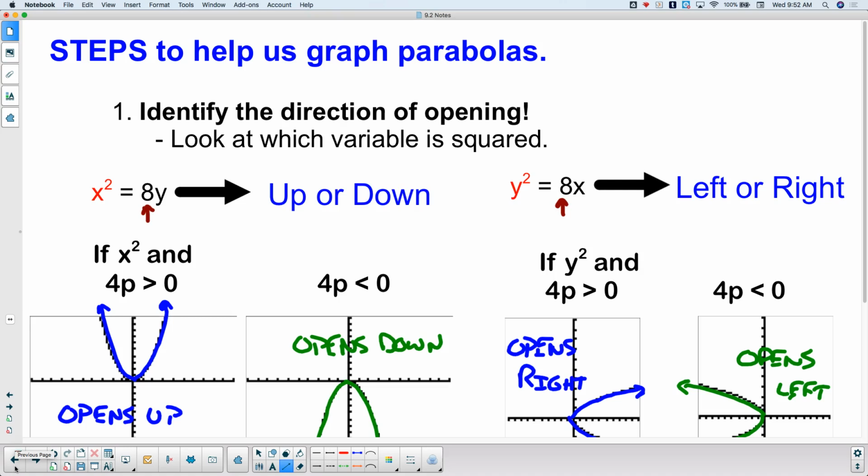If y is squared, it opens left or right. And then the second thing I look at is the non-squared coefficient, that 4p number. If that's positive, it's going to go up or right. If that's negative, it's going to go down or left. Okay?